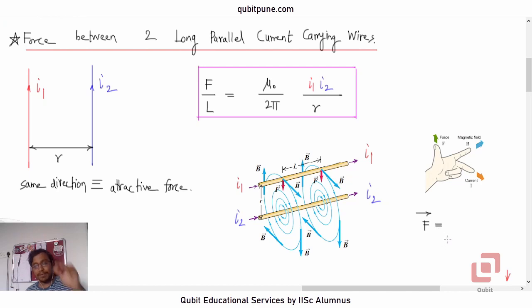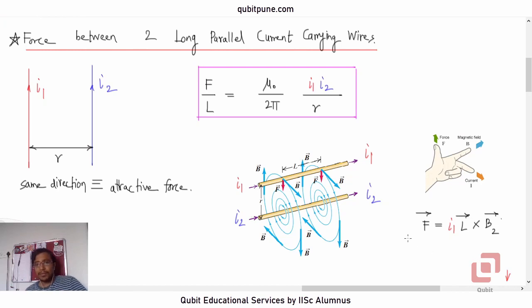Please note that F bar equals I L bar cross B bar requires us to use I1, because we are calculating the force on the conductor carrying current I1. So this is I L bar cross B bar due to I2, so I am saying B2 bar. Is that clear?